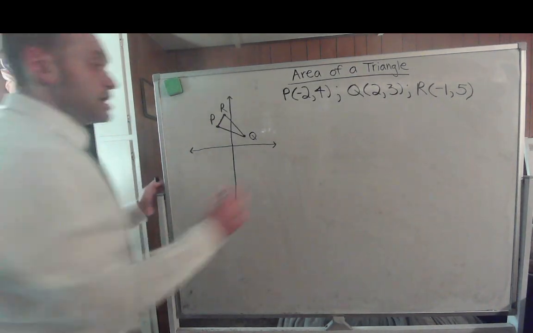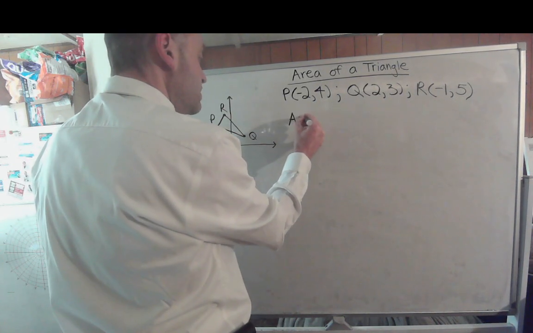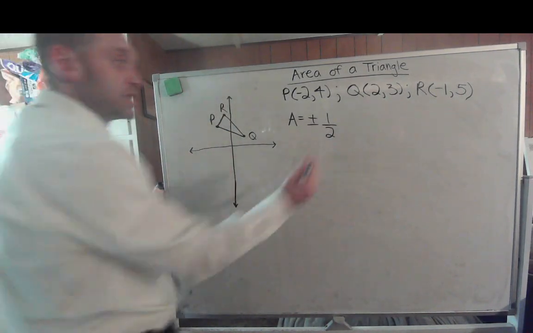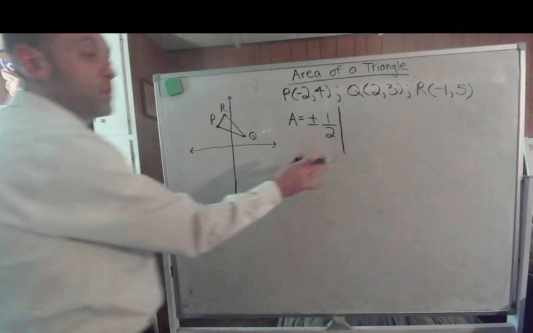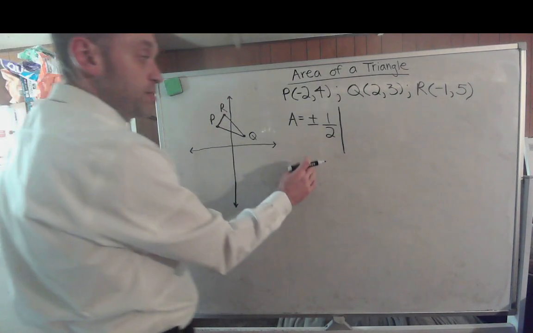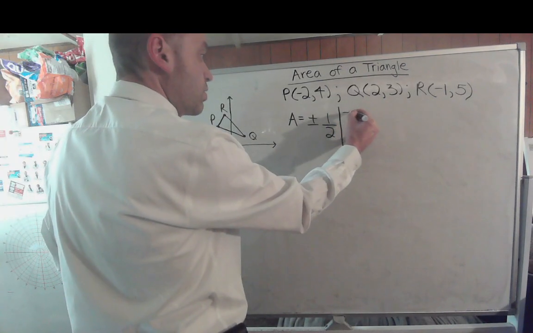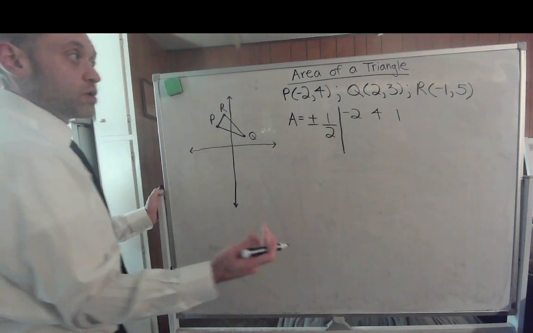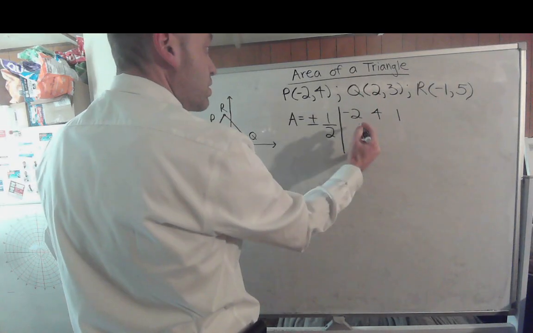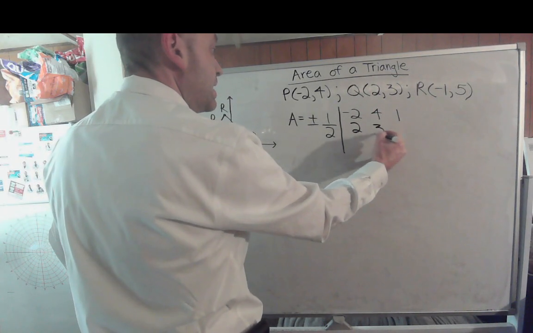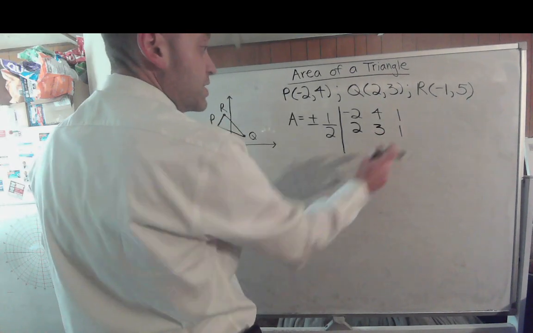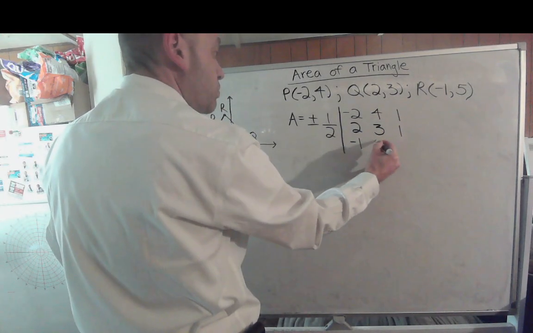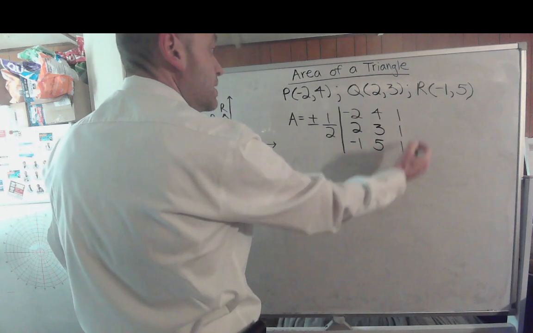To find the area, we're going to take plus or minus 1/2, depending upon whether our determinant is positive or negative, because the area always needs to be positive. The determinant has your x1, y1 coordinate and a default 1 as the third entry in the first row. Then your Q coordinate, x and y, and a default 1, and then your third point, x and y, with a default 1.